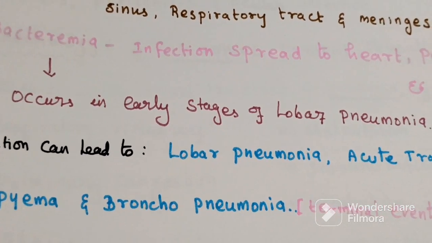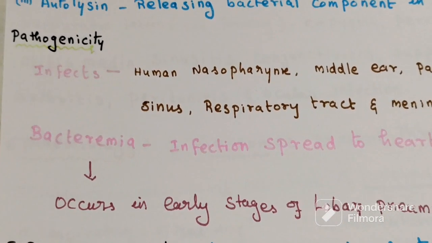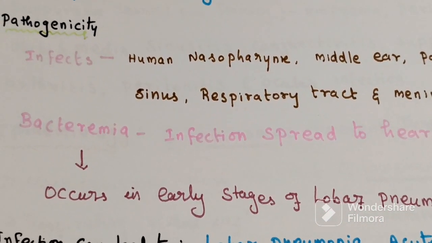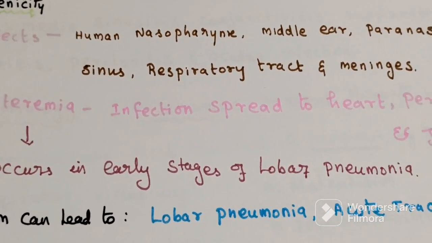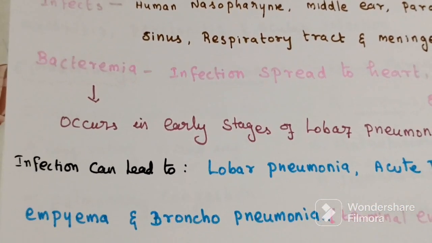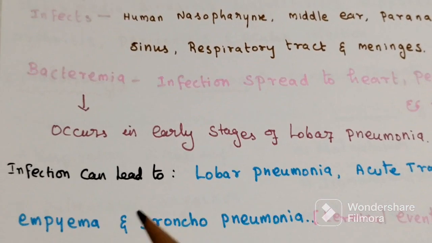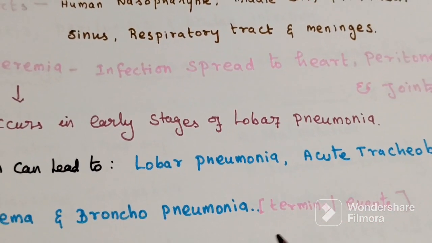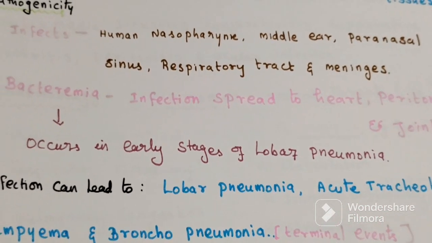This is the terminal event. So it causes infection. After that it causes bacteremia. Then it will affect as lobar pneumonia. Finally it causes bronchopneumonia. This one is the terminal event.